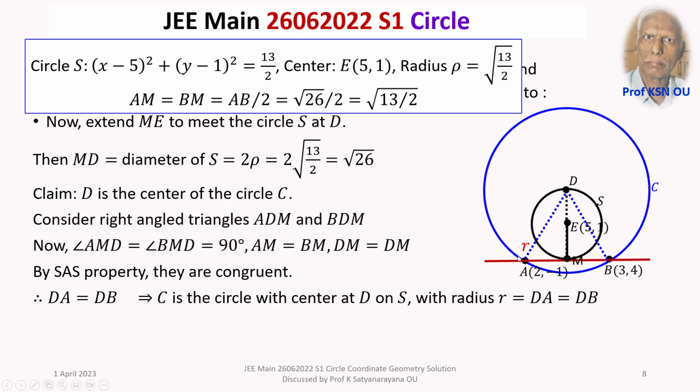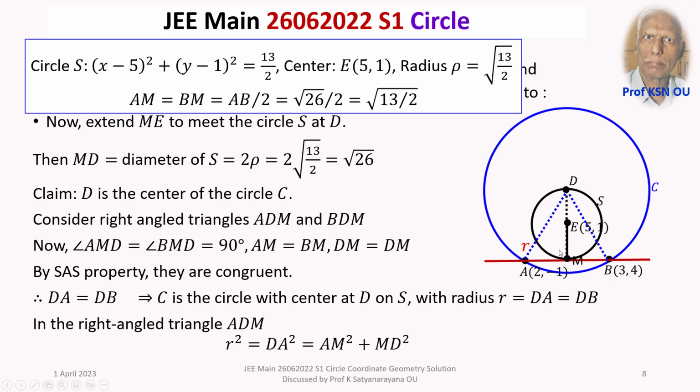So what is it that we want? We want R square. We take the right angle triangle ADM and the hypotenuse is R. Use the Pythagoras theorem: R square is equal to DA square is equal to AM square plus MD square.